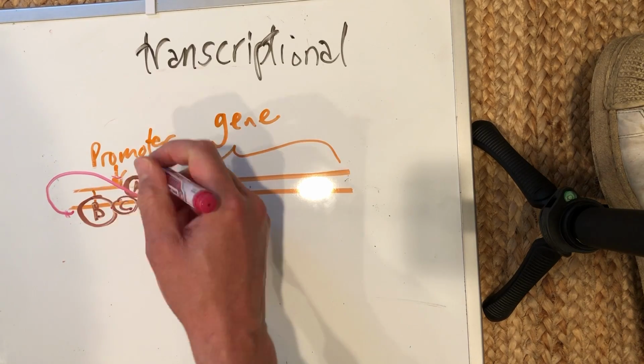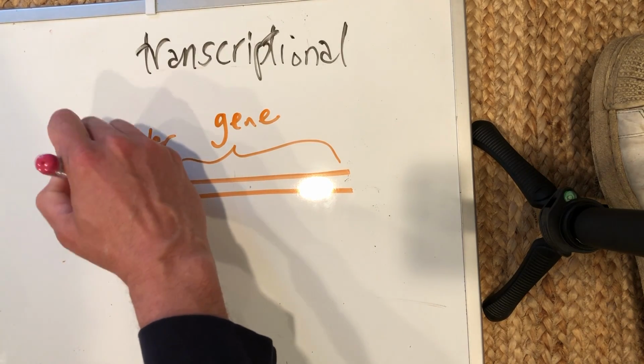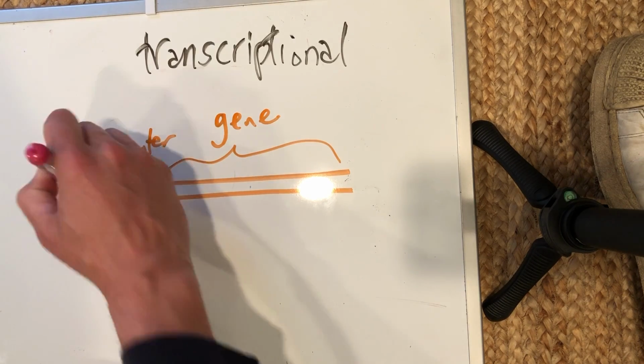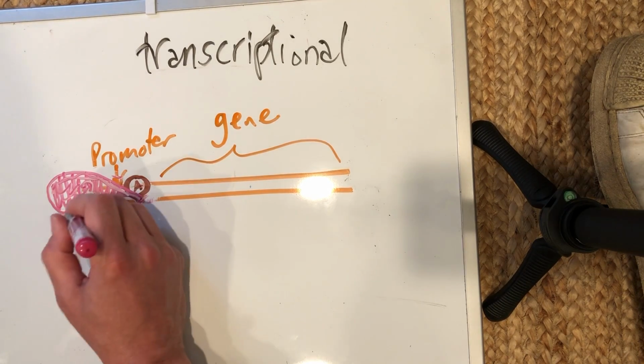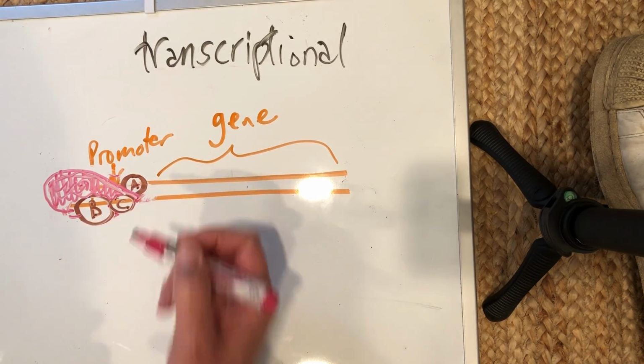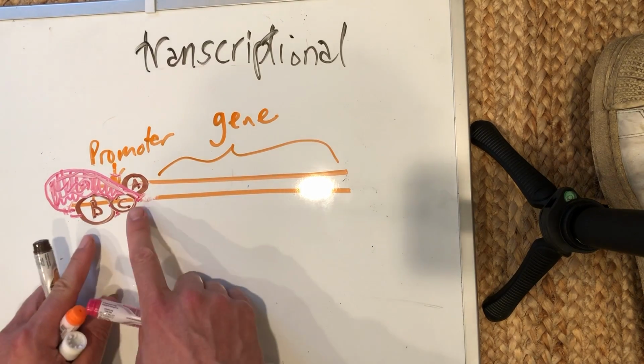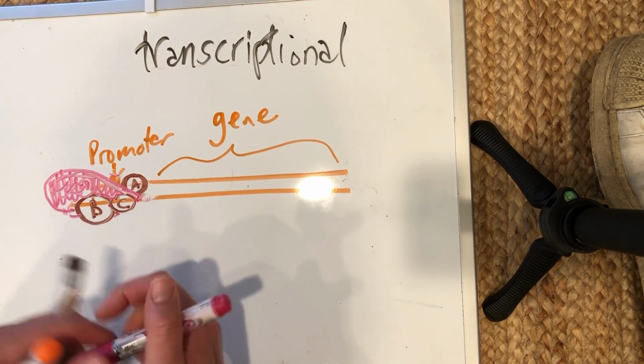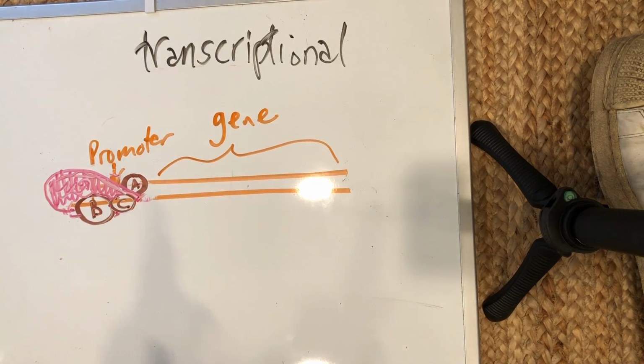I'm obviously just making up this shape, but the concept I'm trying to get you to think about in this drawing is that molecules A, B, and C needed to be present for RNA polymerase to transcribe the gene.